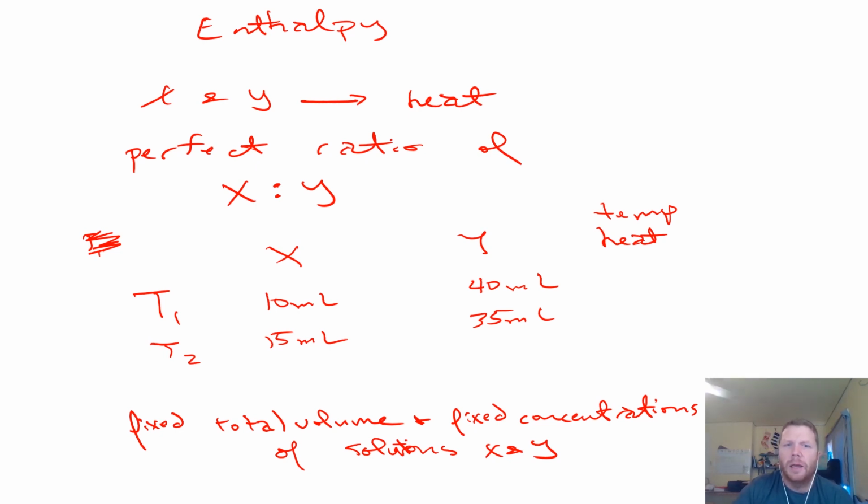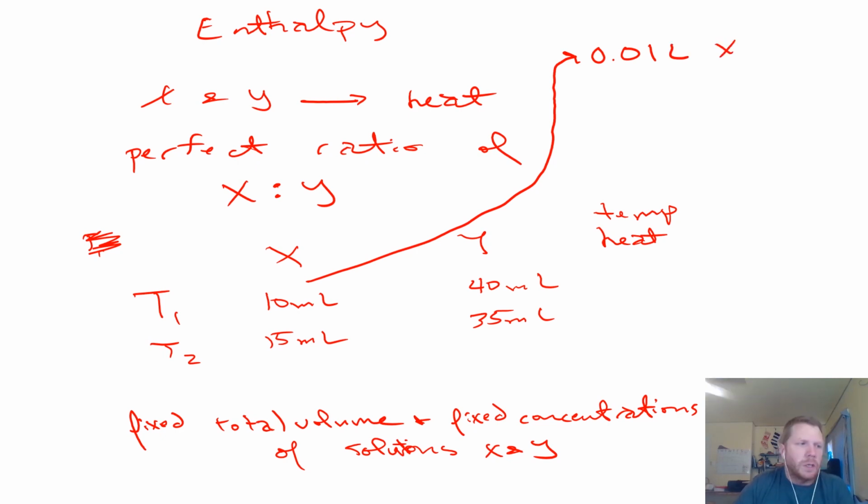So if you think about this as 10 milliliters, also known as 0.01 liters of X, with a solution that has a concentration of 0.1 molar, then that's 0.01 times 0.1, which would be 1 times 10 to the negative third moles of X.